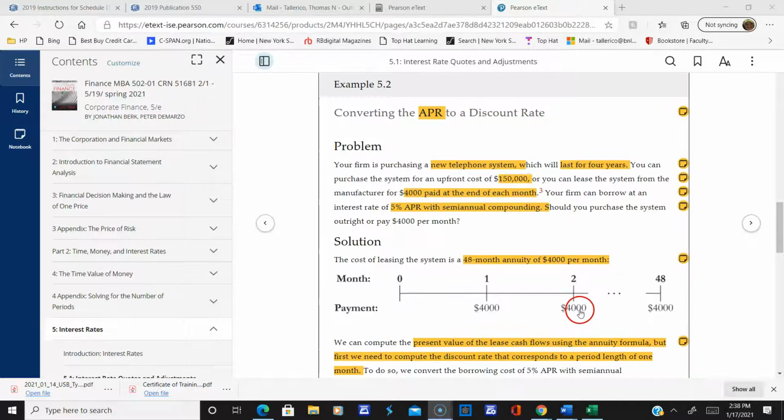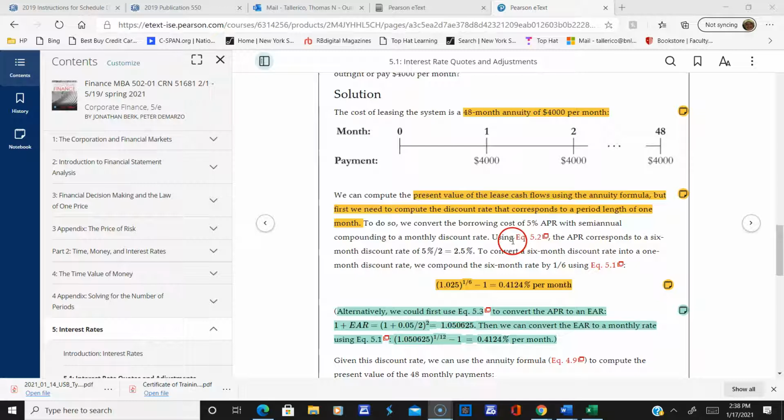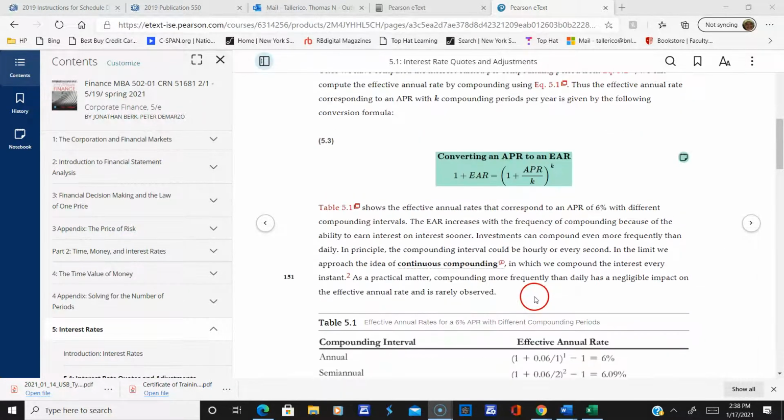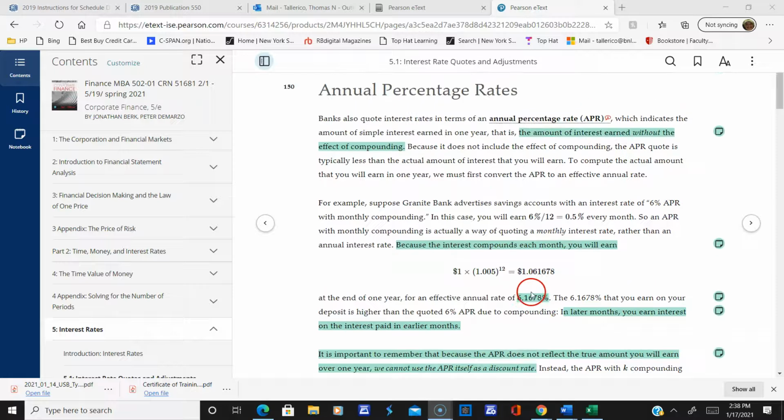And you see what they say here. This is where it gets a little messy. It's semi-annual compounding, okay. So we use equation 5.1, and 2.5% every 6 months corresponds to 0.4124% every month. Again, let me see if I can get up to equation 5.1 here.